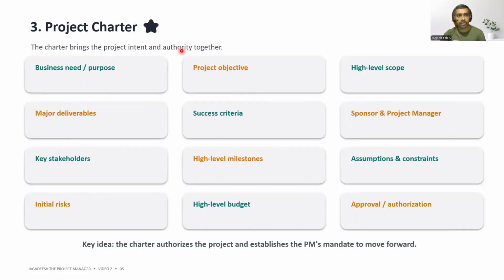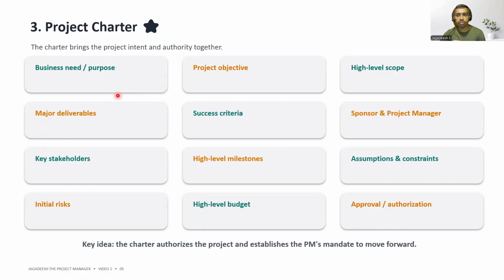Project charter. So you would have heard about it. This charter brings the project intent and authority together. When I think about a project charter, I don't see it as just another document. I see it as an agreement that gives the project direction and establishes who is accountable.